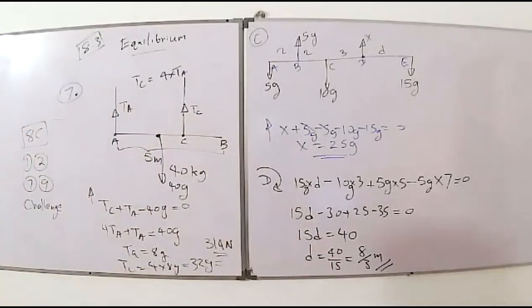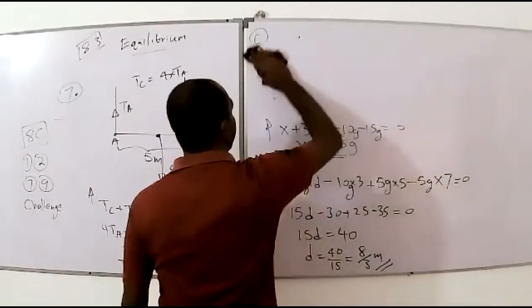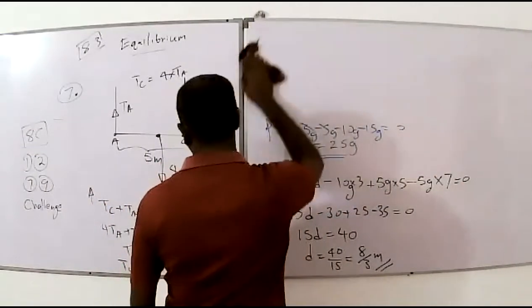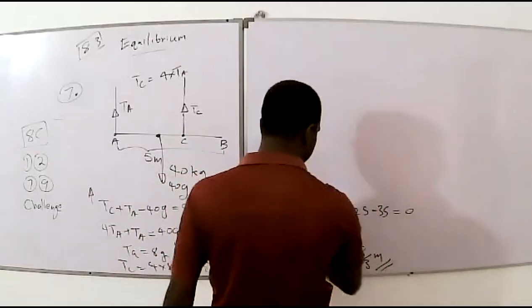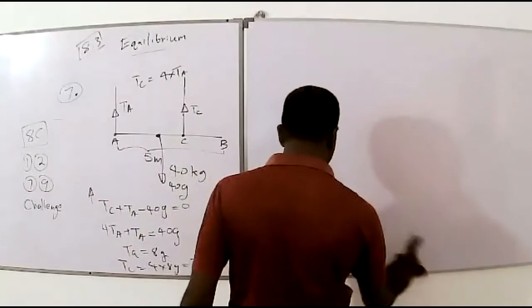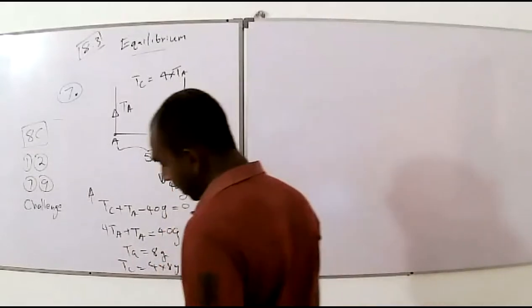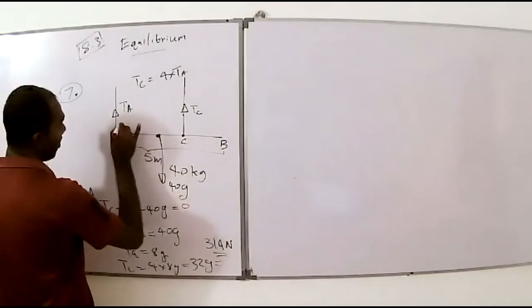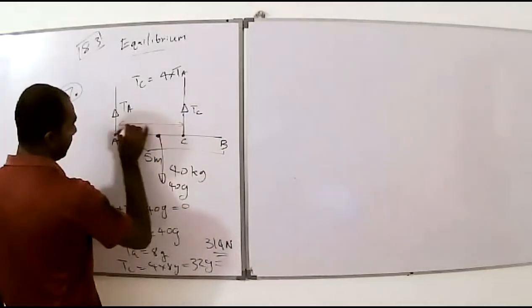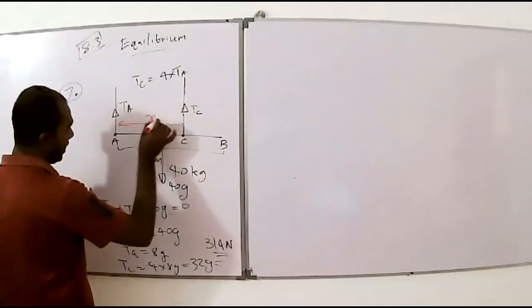Then they are asking about something else also. What else are they asking? The distance from A to C. What is the distance from A to C? How were we able to find this TC at once? If we think about how many unknowns there are, there are 3 unknowns: TA, TC, and this distance, which we also don't know.